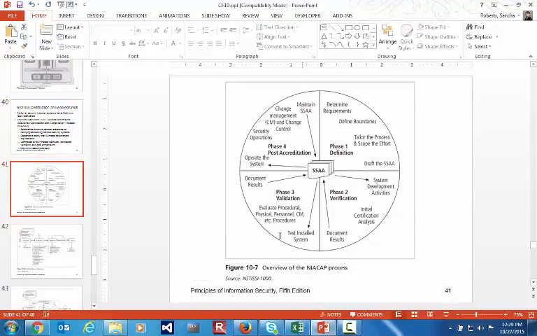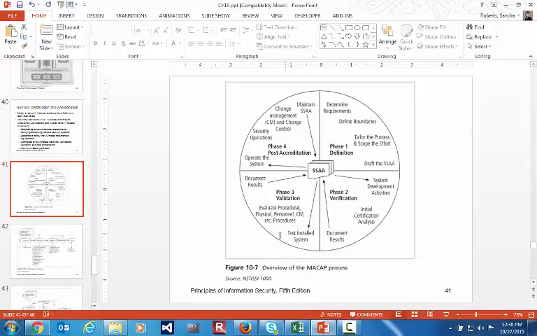Okay, let's keep going. So you're looking at now a lot of pictorials as you go. Determine phase 1, the definition, determine requirements, define the boundaries, tailor the process and the scope, draft it, then the verification, system development activities, certification, document everything, right?